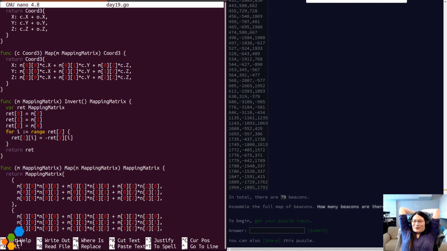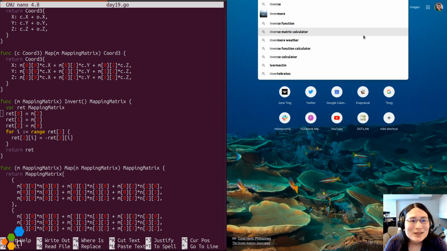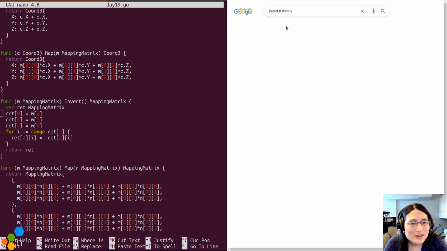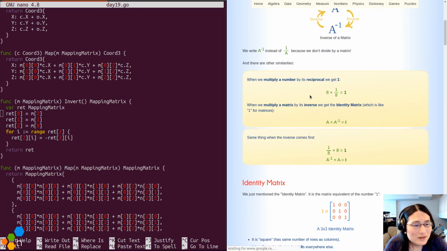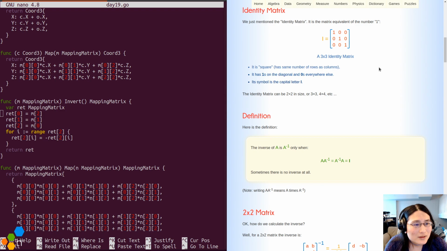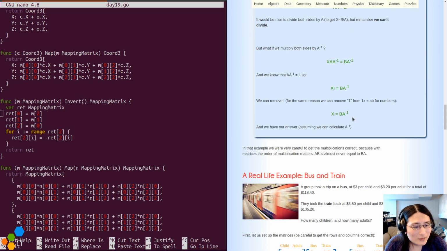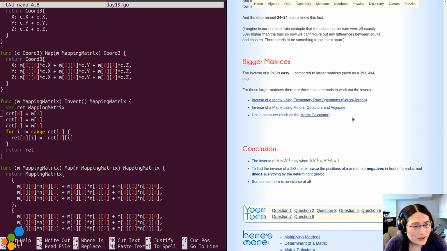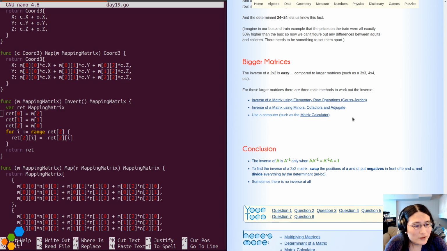Someone help! How do I invert a matrix? Yeah, but how do I get the 3 by 3 matrix?